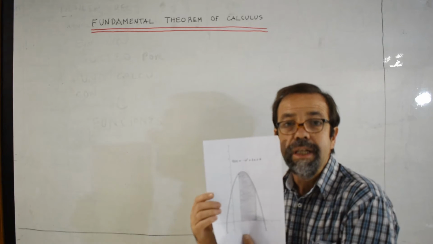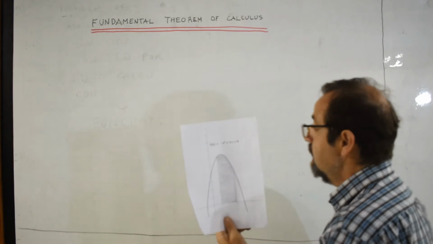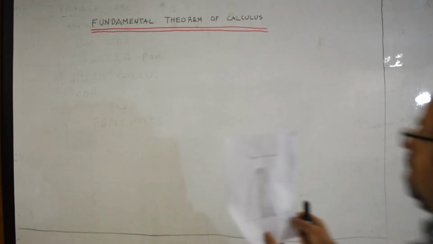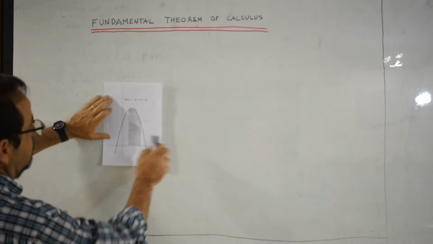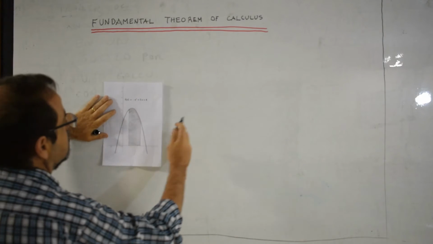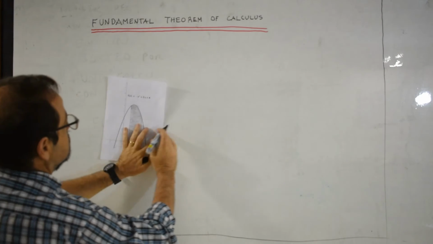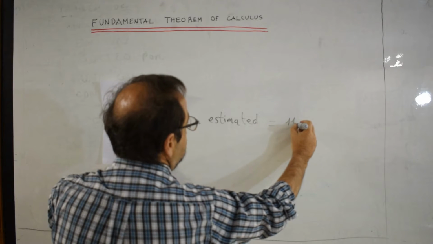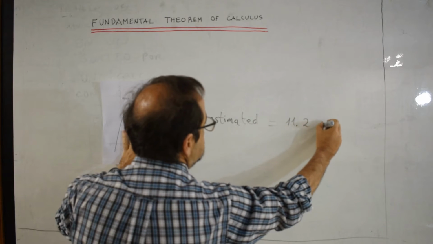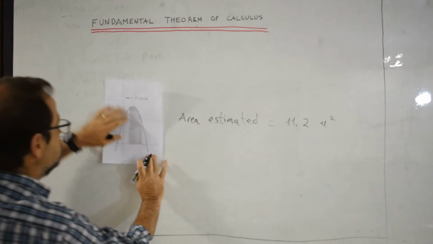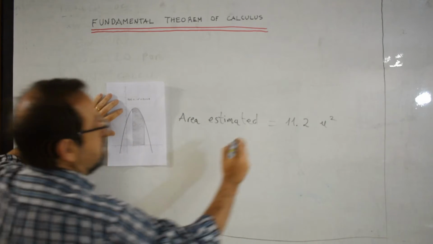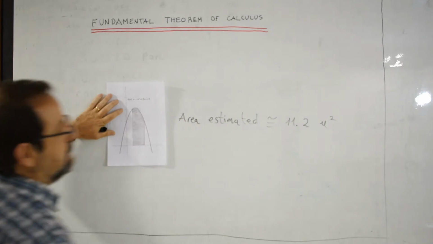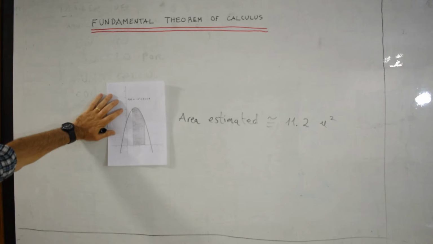That would be estimating the area of the painted part. Area estimated, let's say 11.2 unit squares. That is 1 unit. That's what maybe many students have estimated. Some more than that, some less than that.